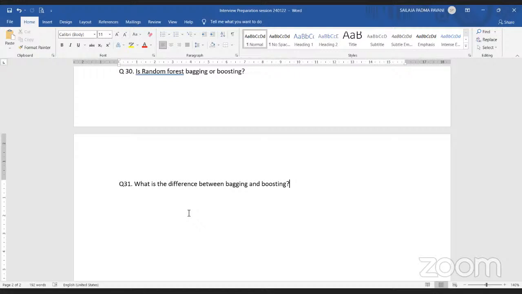Then whatever variations exist in our output predictions will be reduced. That is called bagging. This is the main way to solve the overfitting problem.